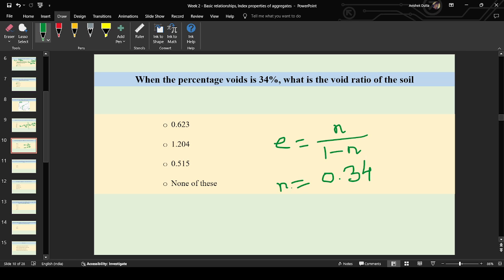What is the answer you're getting? 0.515, right? Third option is the correct one. 0.515, a simple formula.